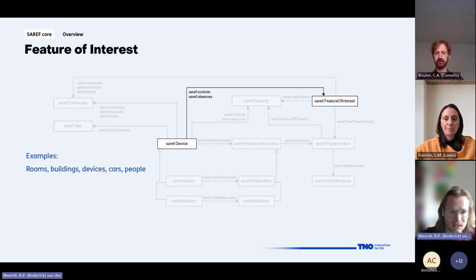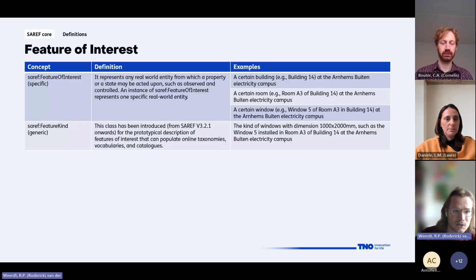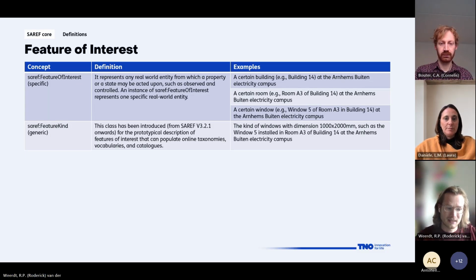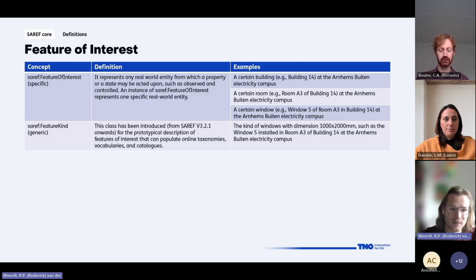So this could be a room or a building, but it could also be a device or the specific device, or anything that can be observed or controlled. Same as with device kind, where you could have an instance of a device and a type of device, with the feature of interest you can have its corresponding feature kind.